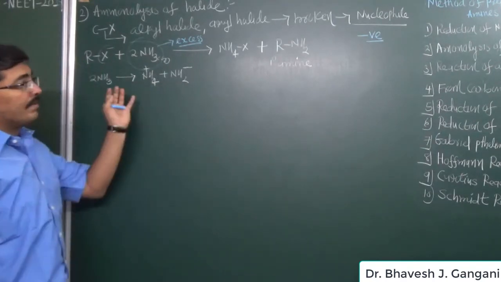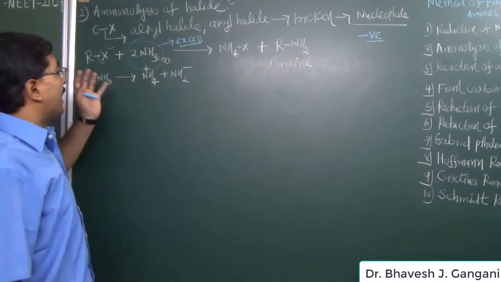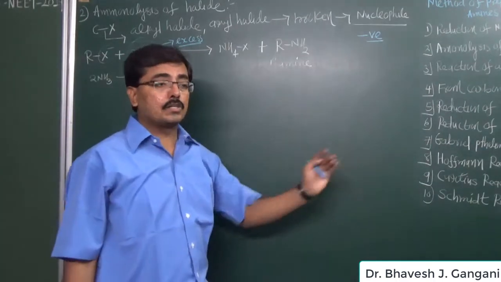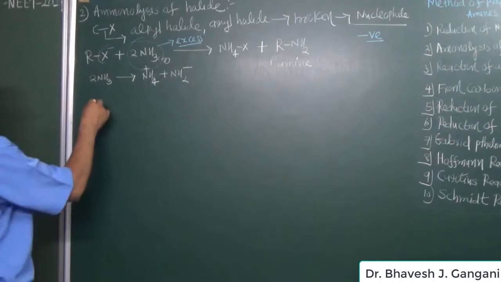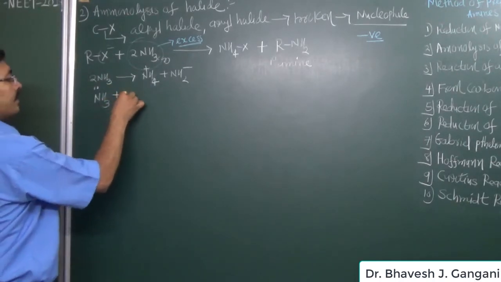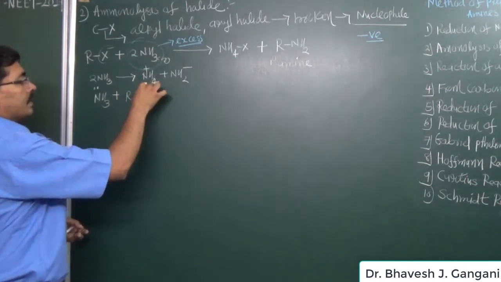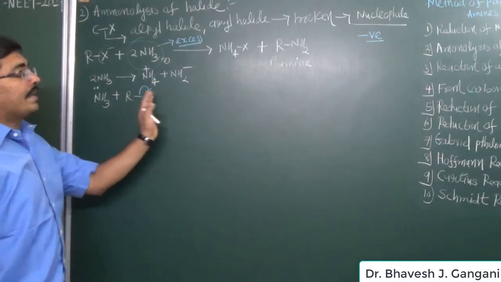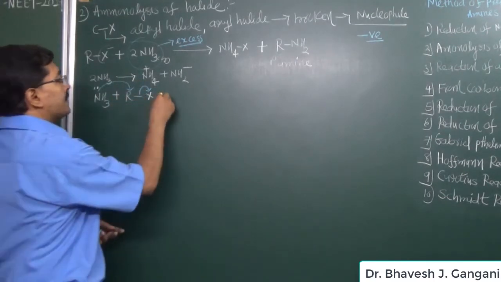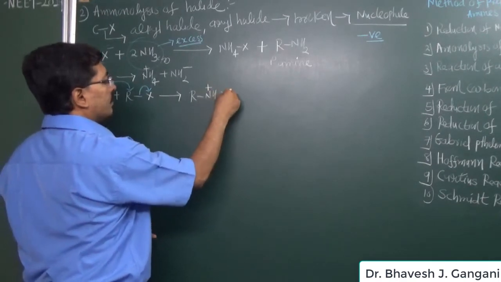But suppose we have not taken ammonia in excess proportion and the alkyl halide is taken in a large proportion, then we get a mixture of primary, secondary and tertiary amines, and the reaction occurs in a different way. Suppose we have taken ammonia, then this ammonia reacts with an alkyl halide. The mechanism occurs in this way. This halogen will attract the bond electron pair and nitrogen will donate its electron pair to the alkyl, so as a result we get this type of alkyl ammonium halide compound.